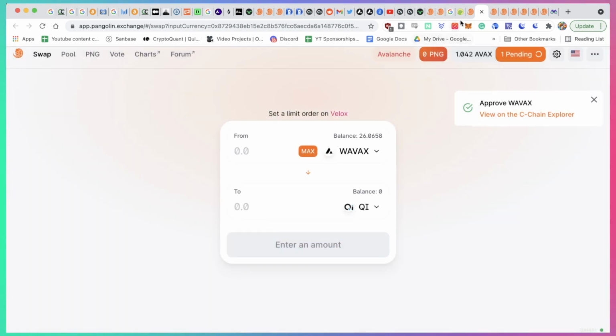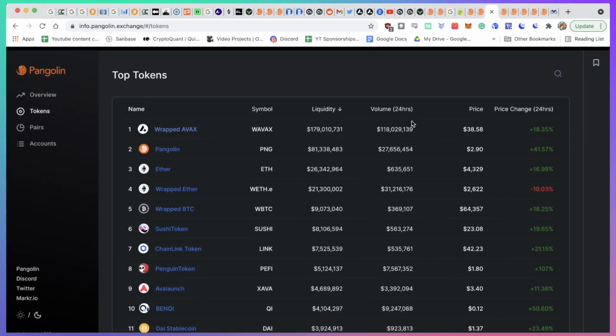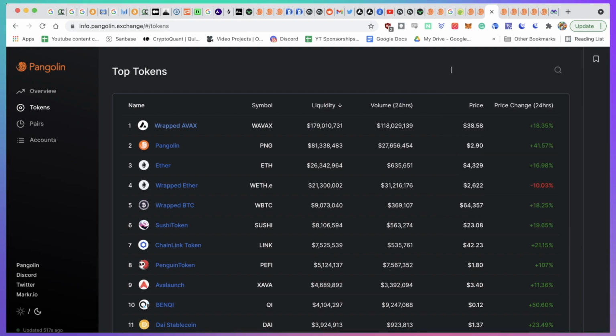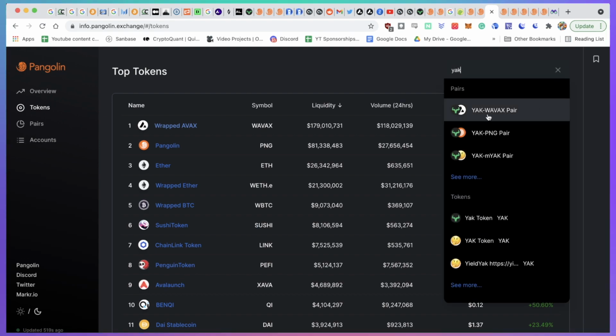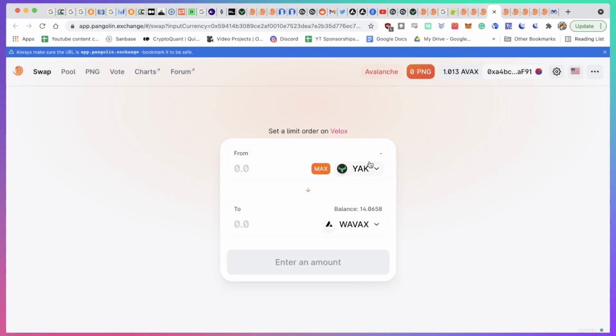And then I'm going to buy some Yield Yak tokens. So I just go on to the Pangolin charts. I'll click on tokens. I'll look for Yield Yak. And I'll select the Yield Yak Avax pair. I'll click on trade. Now I'm going to buy some Yield Yak tokens, swap that, and now sell all of my Avax and buy some Yield Yak.